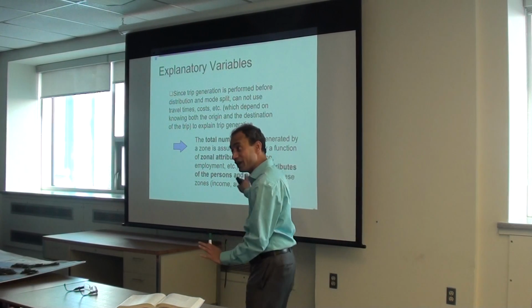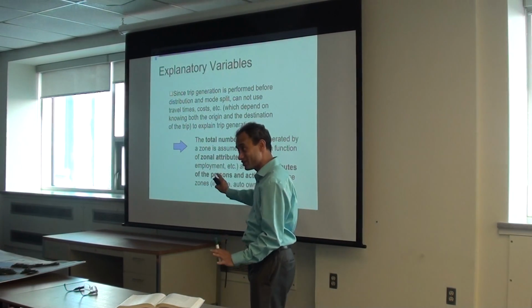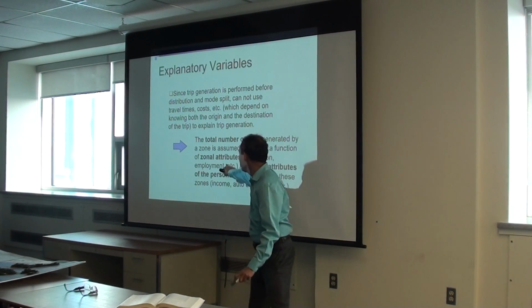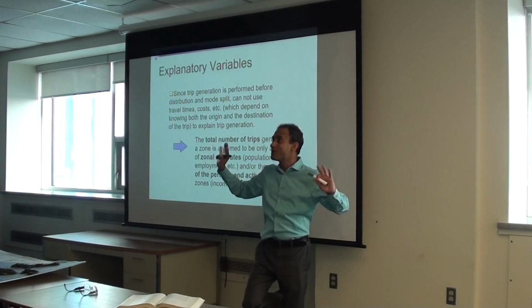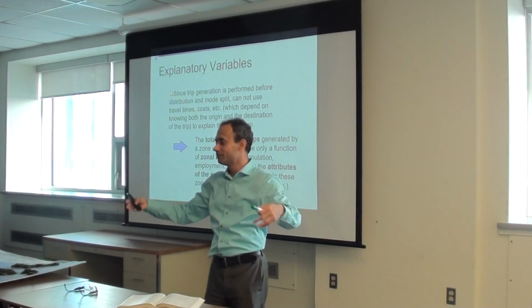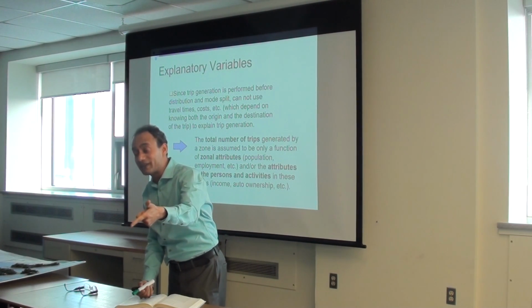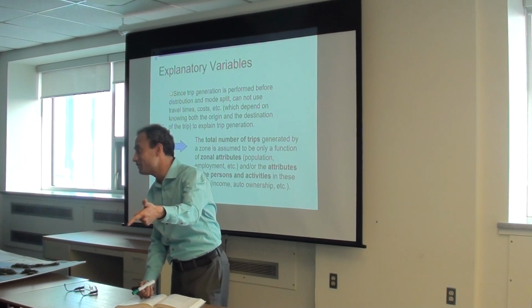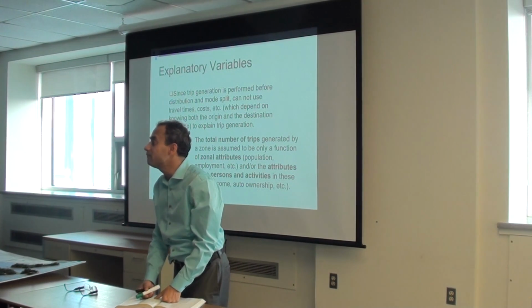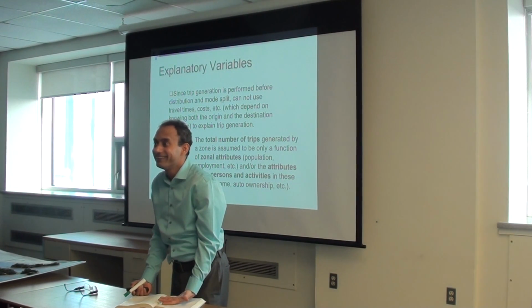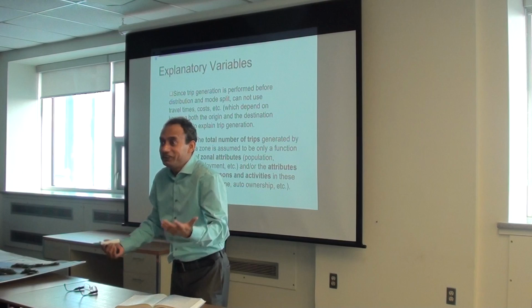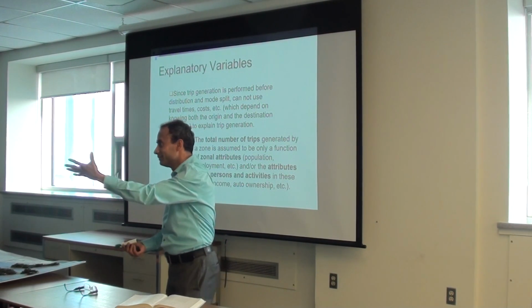So the total number of trips in the production stage, or generation stage, is based on the zonal attributes. As long as we have zonal attributes, we are fine, either from a traffic origin destination survey or just from census data. It's easy with census data, everything is there.